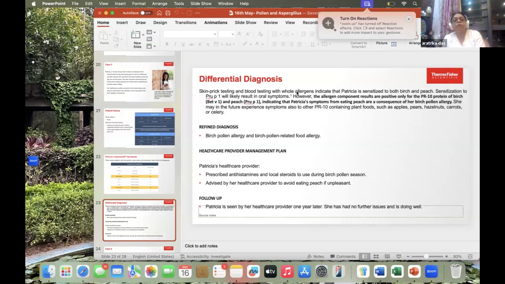If the other 2 are positive, they are the minor antigens, and then they have no relation with the clinical features.